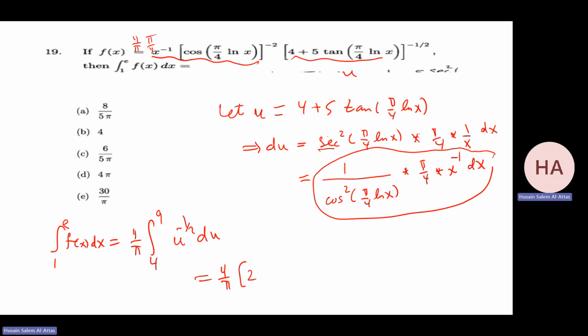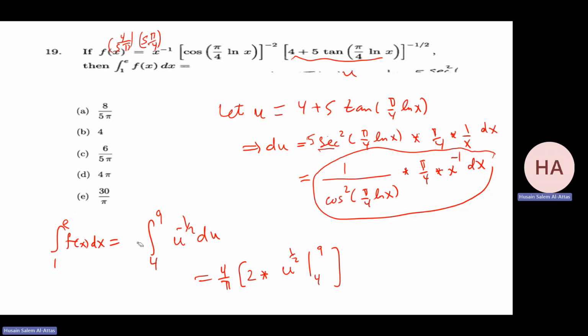Okay, so that gives me 4 over pi of what? Add 1, 2 times u to the power half, evaluated from 4 to 9. Sorry, there is a 5 somewhere. Yeah, so that will be 5 pi over 4. I need 5 pi over 4, so I need 4 over 5 pi outside.